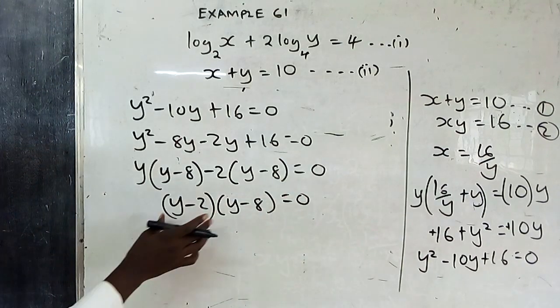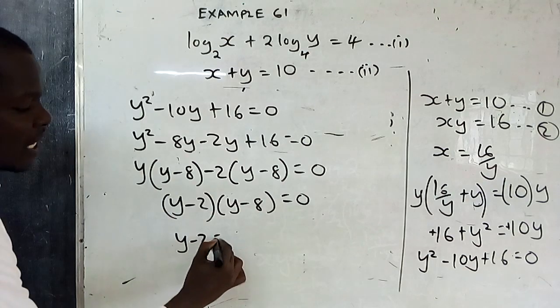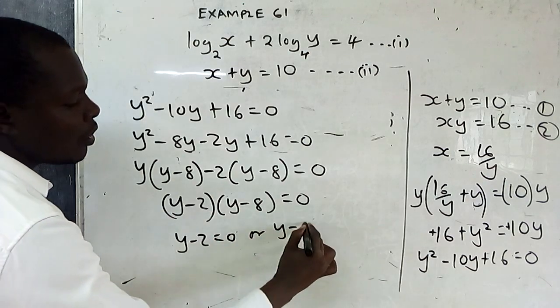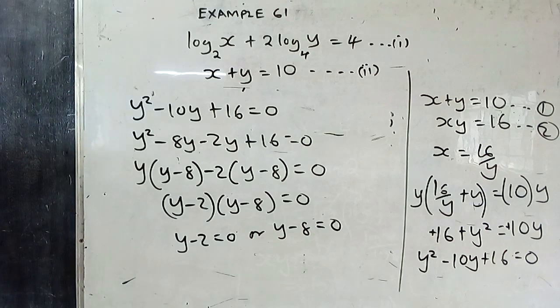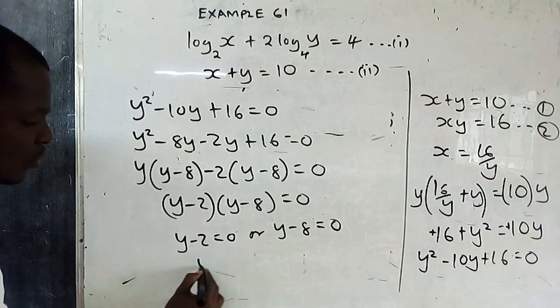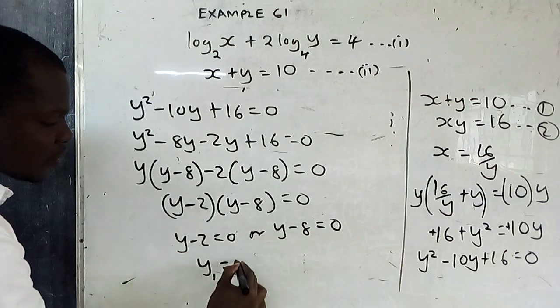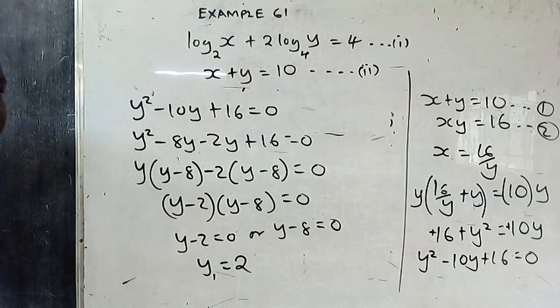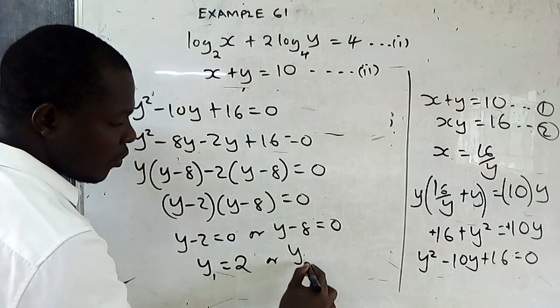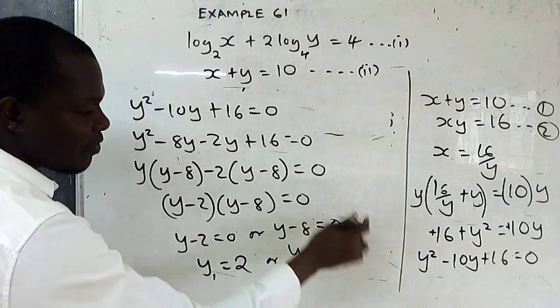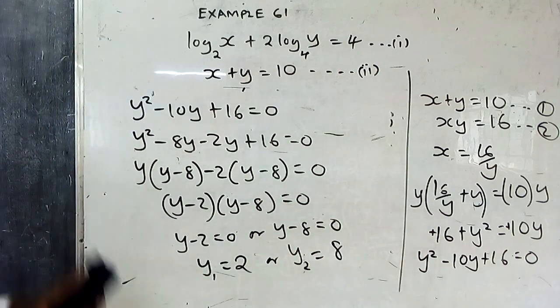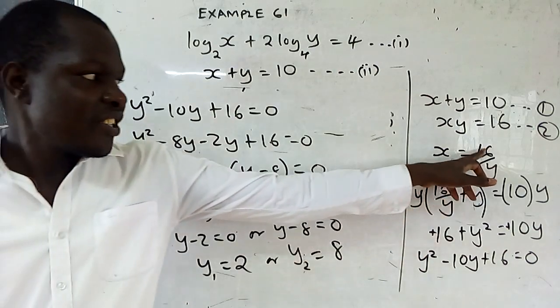This means either y minus 2 is equal to 0 or y minus 8 is equal to 0. So what is the first solution? y1: negative 2 going to the other side is positive, y1 is 2, or y2, negative 8 becomes 8. But what is your x? x is 16 over y.